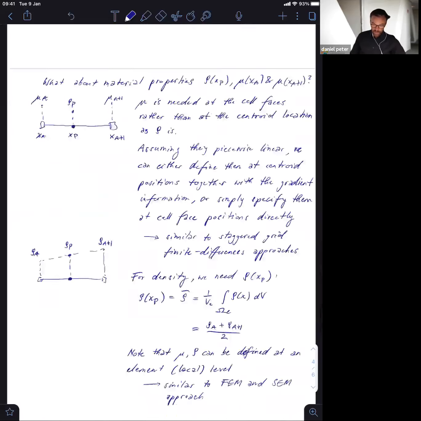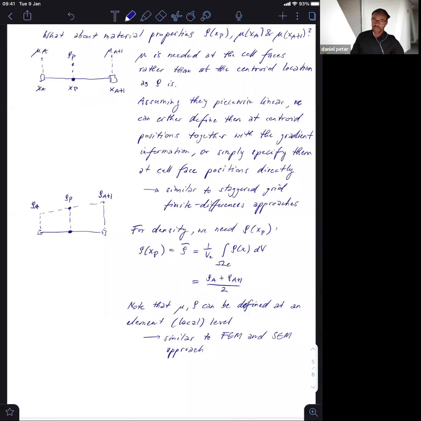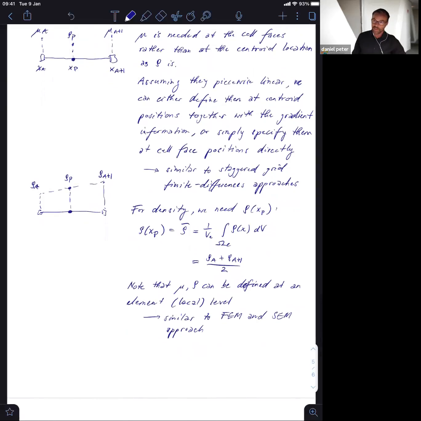So if we just assume that these are at least piecewise linear properties, that means we can just define them at the centroid positions of the faces, rather than at the centroid position where we would also need gradient information. So it's a bit of a simpler approach, but this is also related to these staggered grid formulations. So you have a similar issue of where you define the material properties.